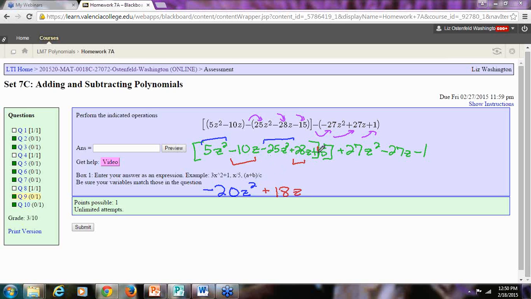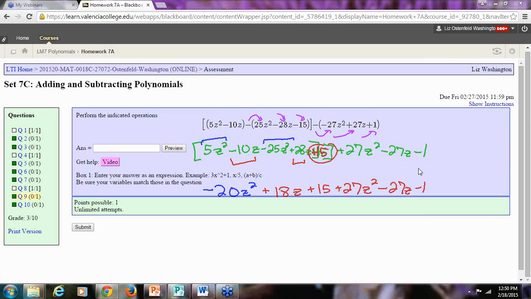And this was a 15. Remember I messed up, plus 15. So I'm just going to bring that down. Then I'm going to bring down everything else: plus 27z squared minus 27z minus 1. And again, I just did this first because I had it in the brackets first. But really, we're just combining like terms.